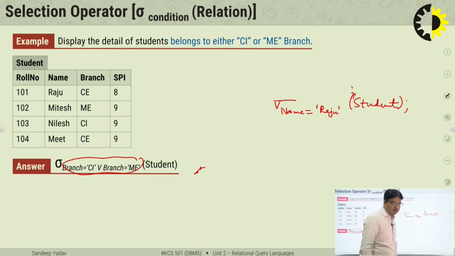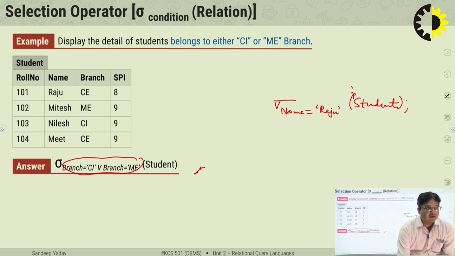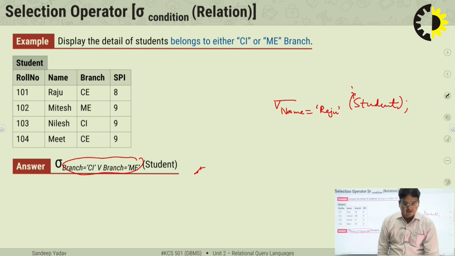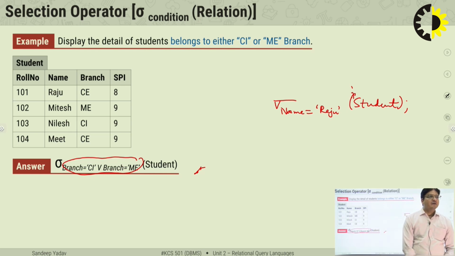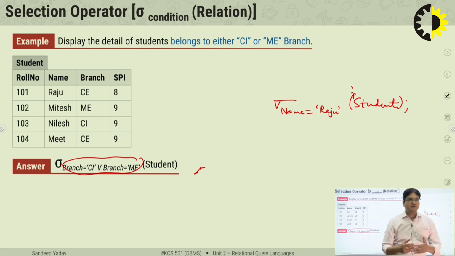This is how we can write the query using relational algebra using the selection operation. Actually what selection does, it divides our tuples into two sets, that is it performs the horizontal partitioning, that is row wise partitioning is being done.